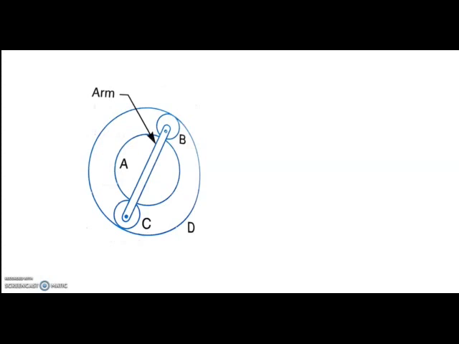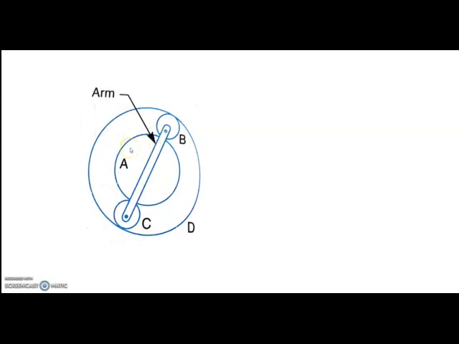So just go to this figure. There are four gears: gear A, gears B and C, which are positioned on the arm, this is the arm, and an annular gear D, where the teeth are inside of the gear. So in this case, how to write relative speed?